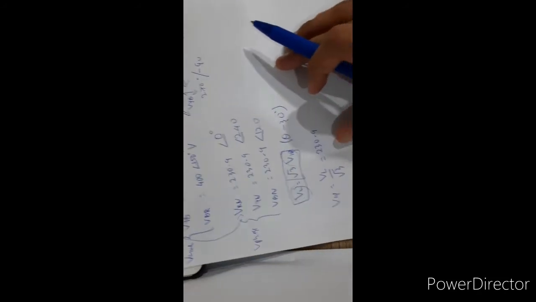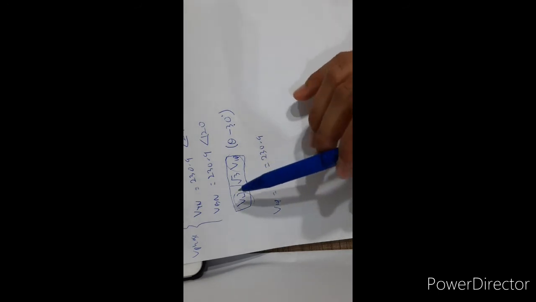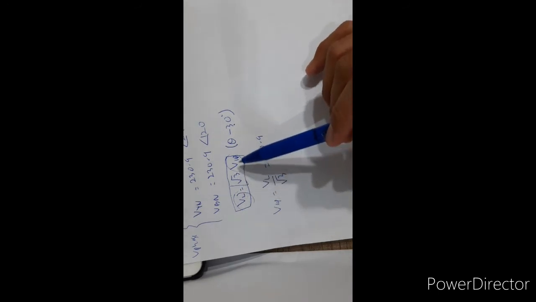Same goes for Y, where each line voltage is higher than the phase voltage, by multiplying by square root of 3.